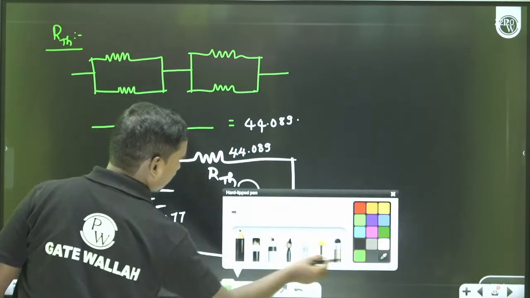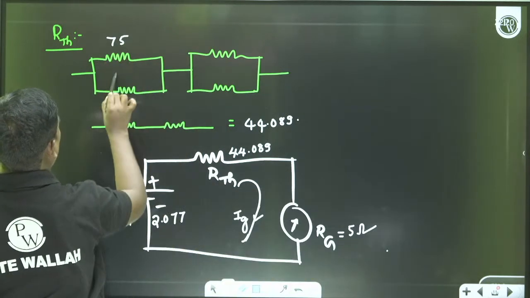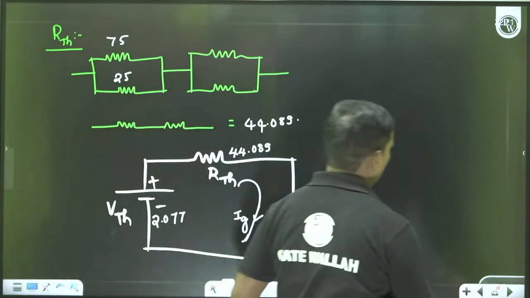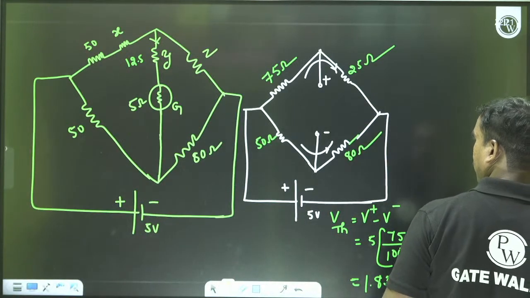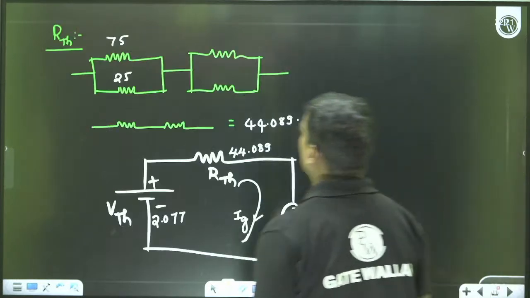So this is 75, this is 25. Next, 50 and 80 parallel.